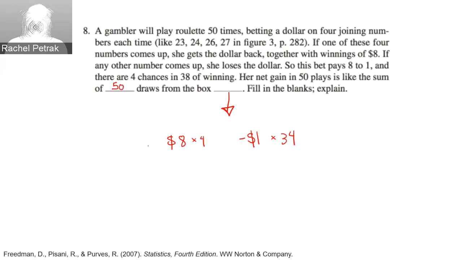There are 2 possible outcomes, winning, there's $8 and there's negative $1. And the outcomes have different individual probabilities, but there's a total then of 38 possible outcomes.